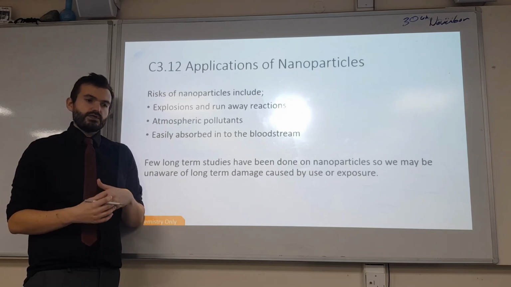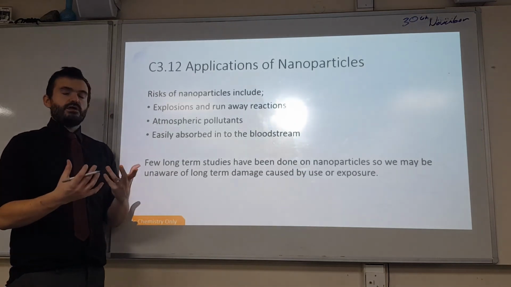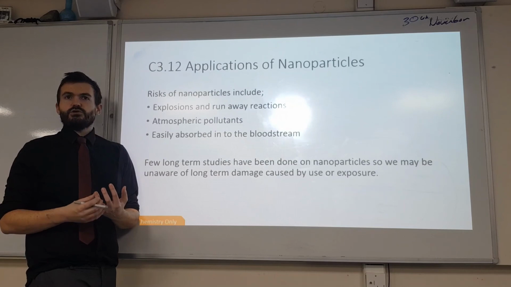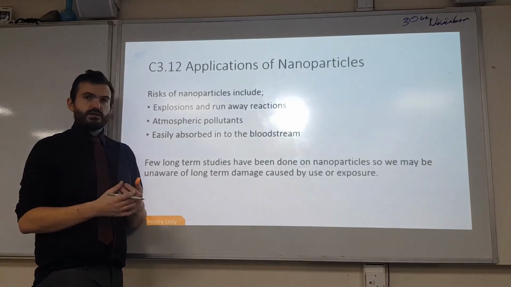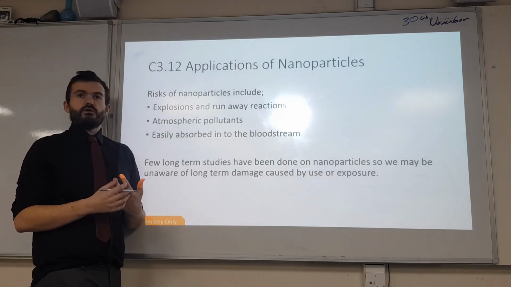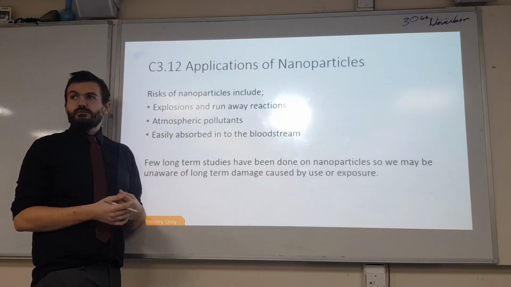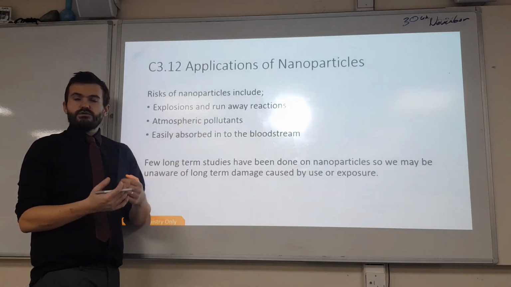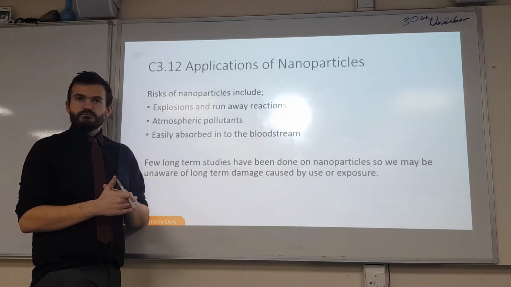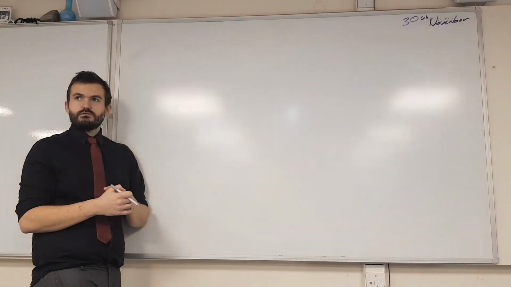And once they're in our bodies, we have not really done enough research on long-term exposure to these nanoparticles. So we may have long-term risks of nanoparticles because they get into our bodies, and we have the immediate dangers of these runaway reactions. Right, that's C3 done.